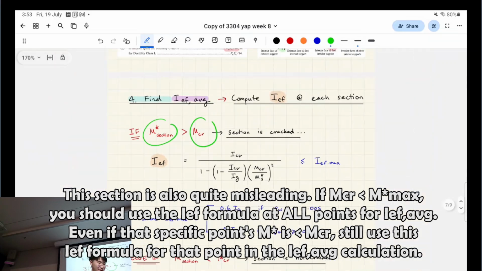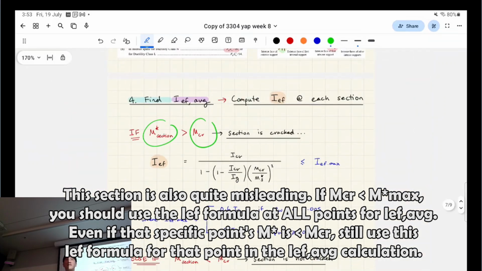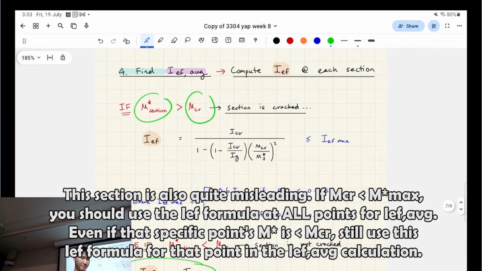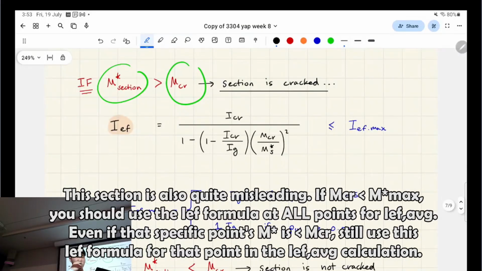And if it's not, then you actually don't have to use this big mama formula. In that case, the effective I is the same as the uncracked moment of inertia. So it saves you a lot of time in your calcs. Okay. But in the case which it is cracked, which is probably what they're going to test in your tests, right? Otherwise, there's no point in doing half these calculations, right?